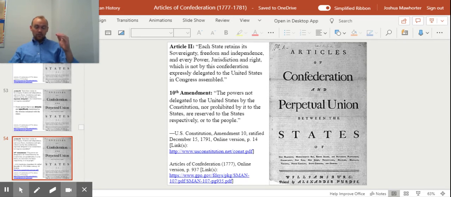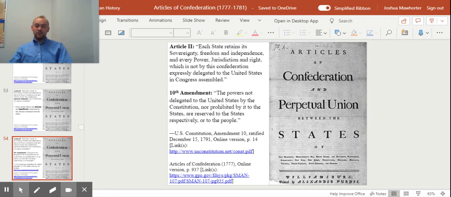So that's a double qualification, that powers not listed and that states have not said we prohibit the US government from doing this, are reserved to the states respectively, or the people. Power remains with the states. States exercise self-government. They make the decision.